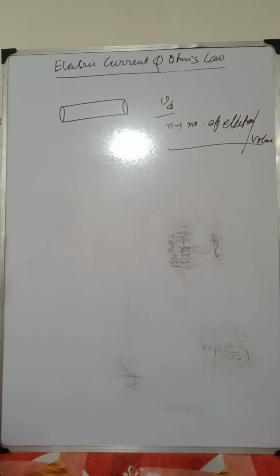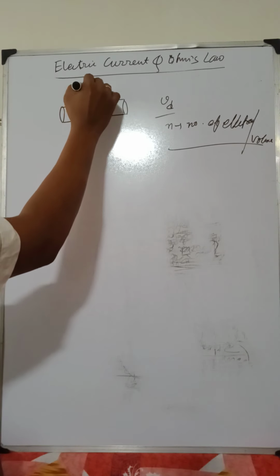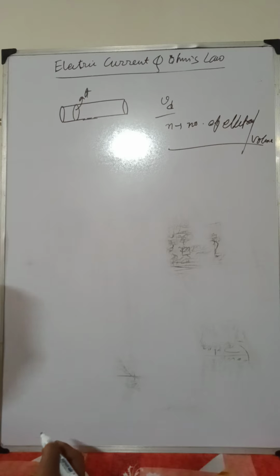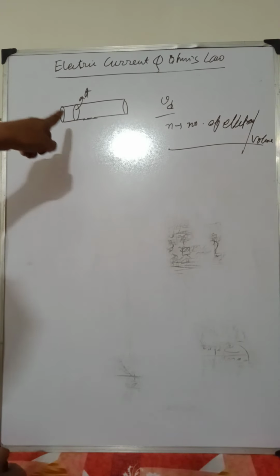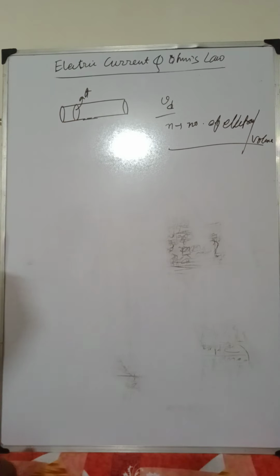Now, in 1 second, how many electrons cross any cross-sectional area of that conductor? Suppose this is the cross-sectional area A. How many electrons cross that area A in 1 second? How can we get that number of electrons?